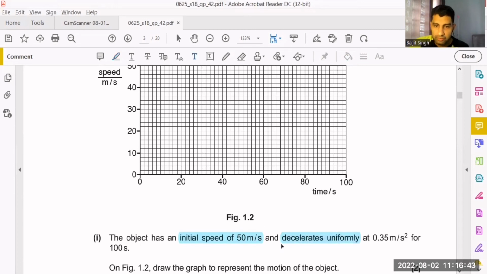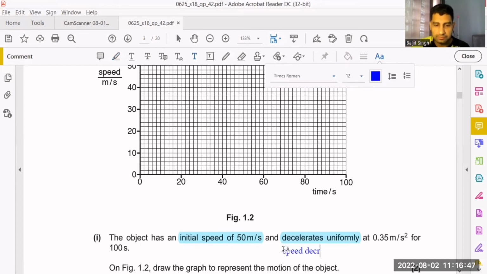When they say decelerate uniformly, that means the speed decreases at a constant rate. Okay, it is decreasing, but decreasing with the same value all the time. And the deceleration given is 0.35 meters per second squared.